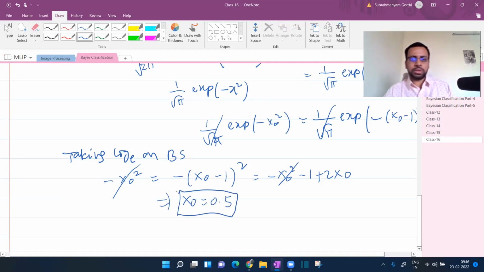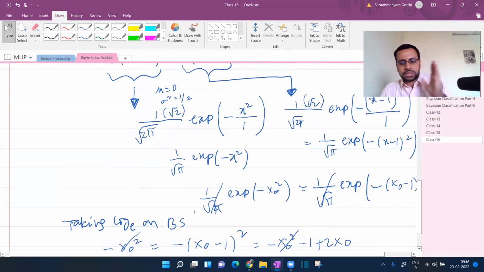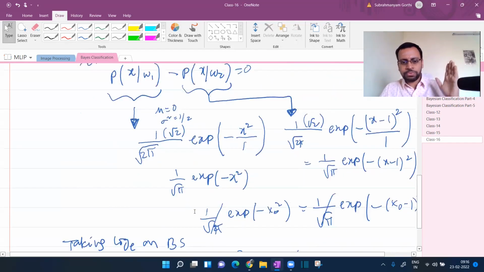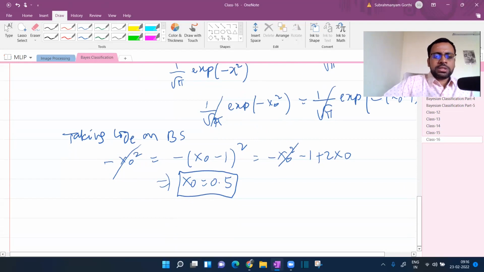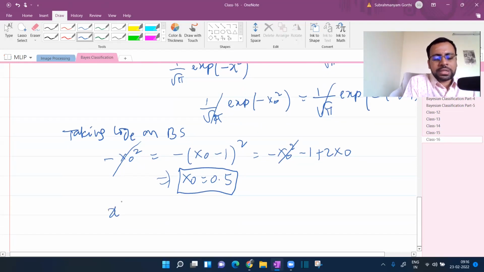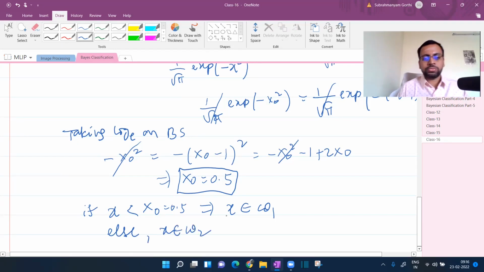So that is giving you the plane where it is. If you are given an x, for example, if x is less than x naught, which is equal to here 0.5, you will assign x to omega 1, else if it is greater, you would assign it to omega 2.